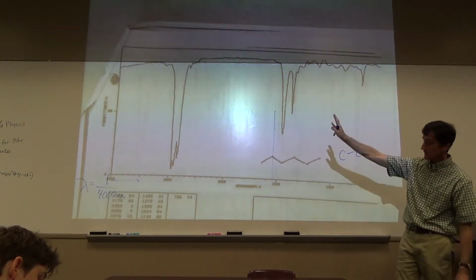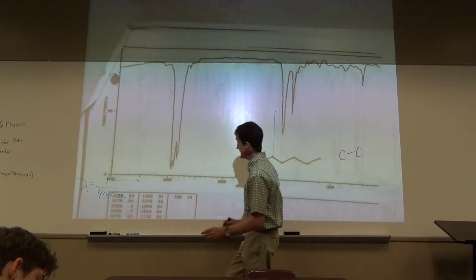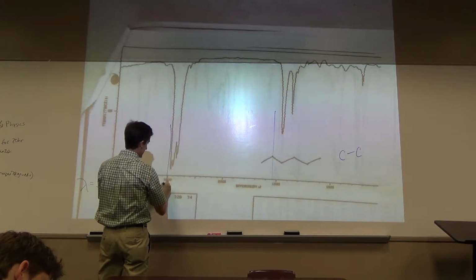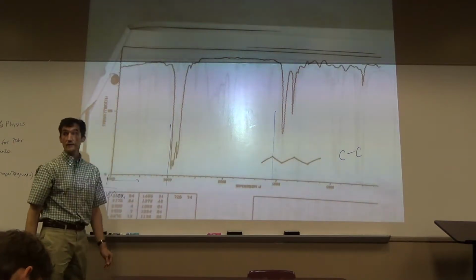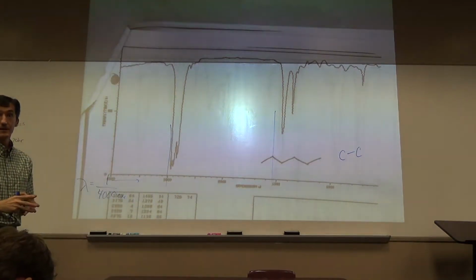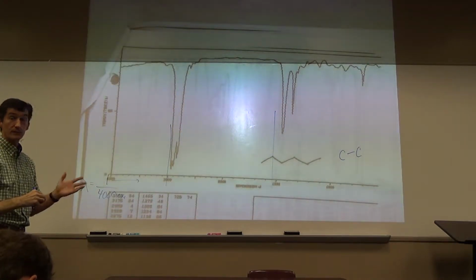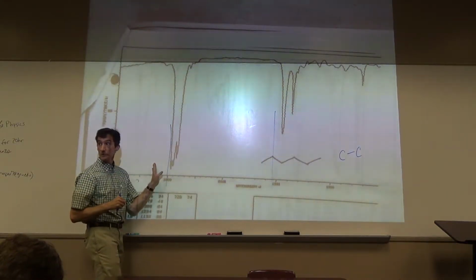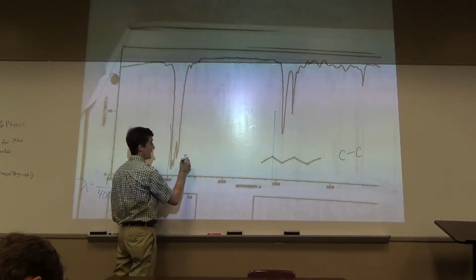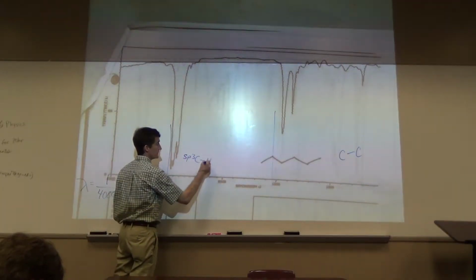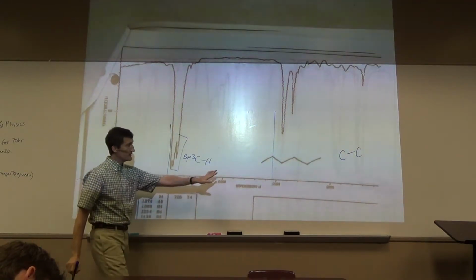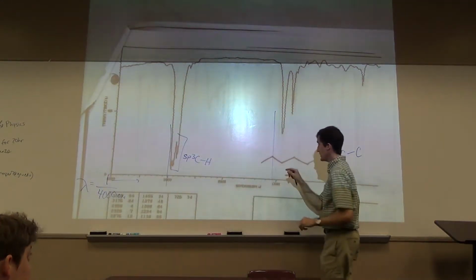Okay, non-fingerprint, we have this cluster of peaks right here. If we draw a line, it seems to be just to the right of 3,000. What is that? We just pointed it out on the table. And what's the hybridization of the carbon? sp3 C-H. That's what this is. Look at each of these carbons. Do you agree that each carbon is sp3?